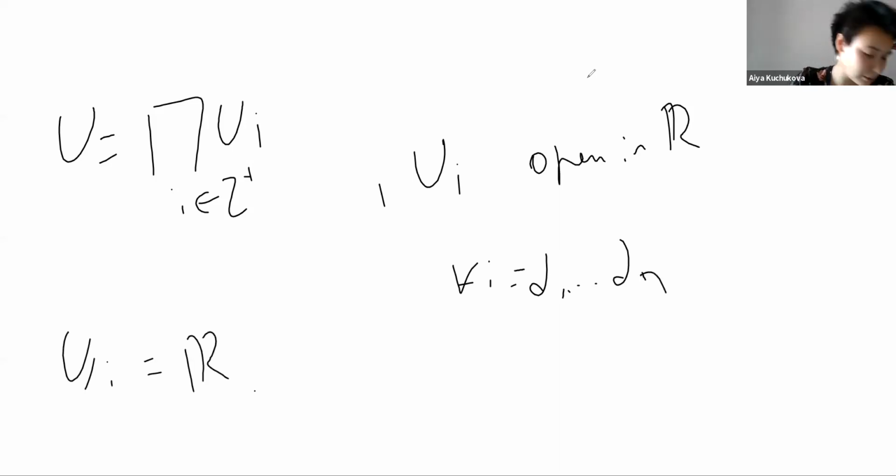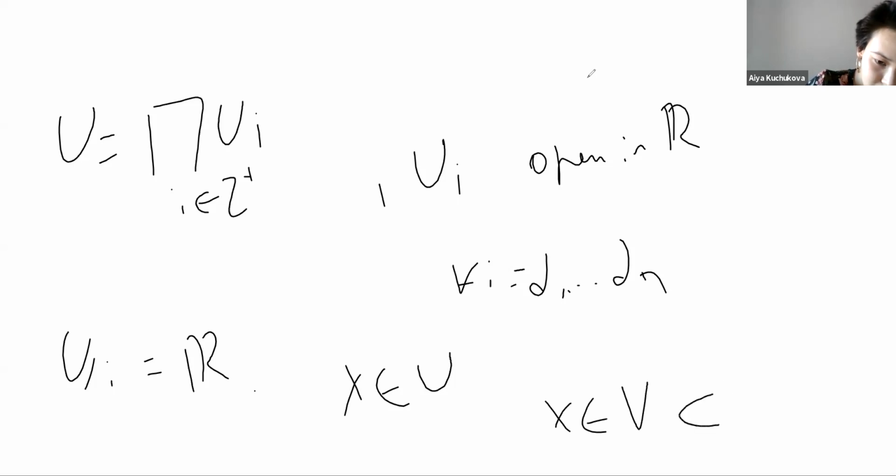That's basically what we did before. Okay, and then what happens is we have some x in the U. And we want to find some open set V in the metric topology such that x is in the V and V is inside of U, right?